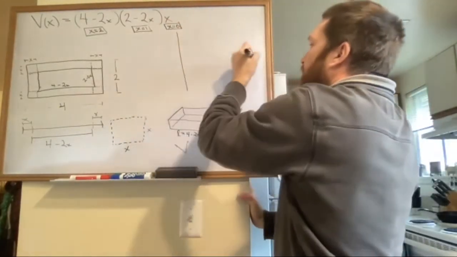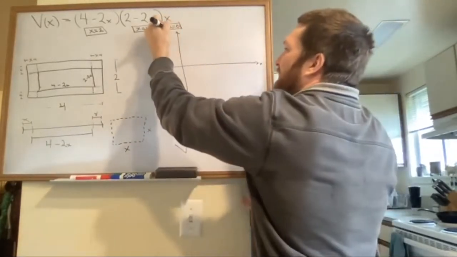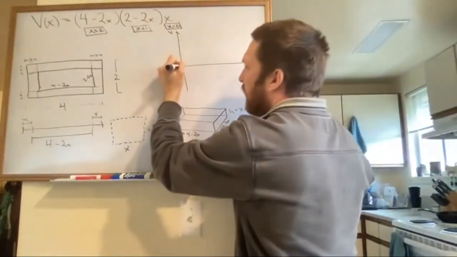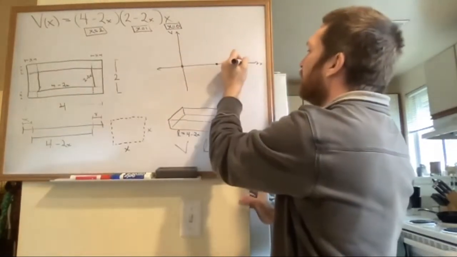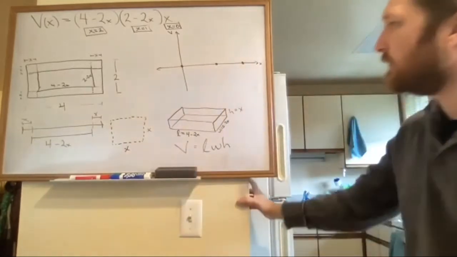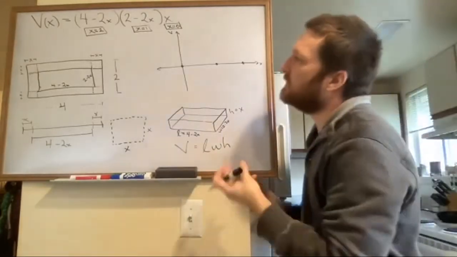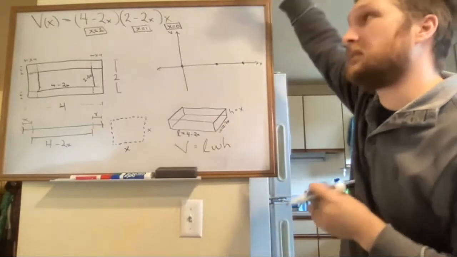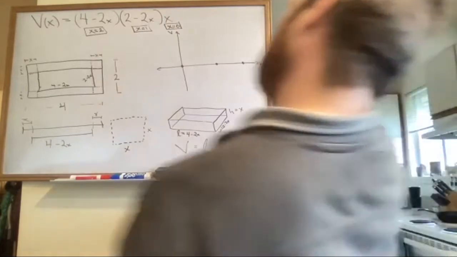I'm going to draw my x-axis. My output is V. And I could see that when I plug in a 0, or when I plug in a 1, or when I plug in a 2, my thing comes out to 0. And one of the things we're going to learn how to do is identify that this is a cubic, which means it's a positive cubic.